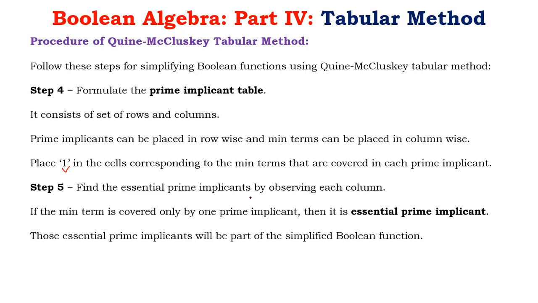Find the essential prime implicants by observing the columns. If a min term is covered by only one prime implicant, then that is called an essential prime implicant.